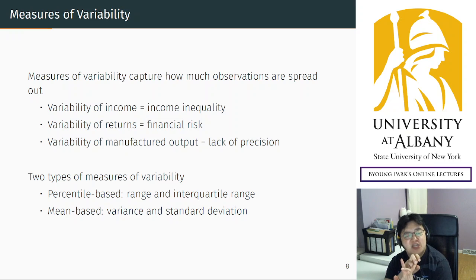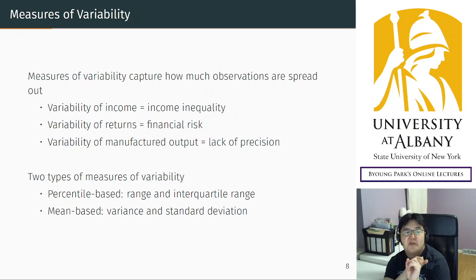And as an extension of the median, I briefly mentioned percentiles at the end of the slide. So there are two types of measures of variability we will study here.